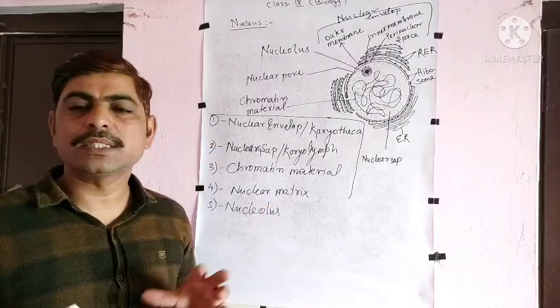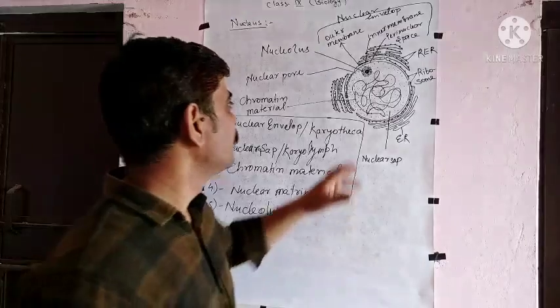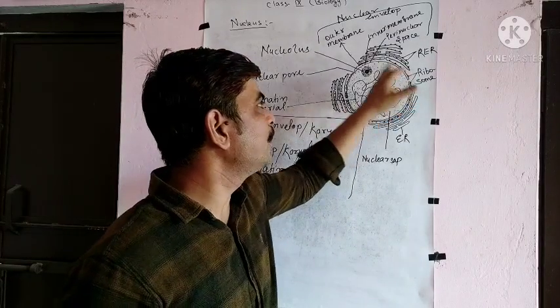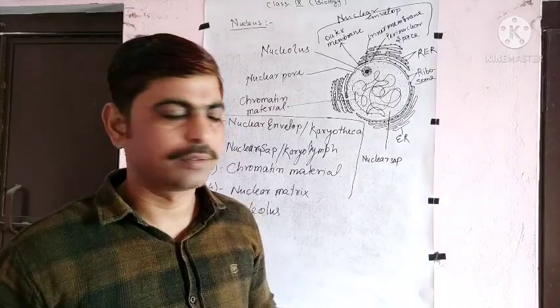Nuclear matrix is also a crisscross structure, from one end to another end. This provides shape to the nucleus.